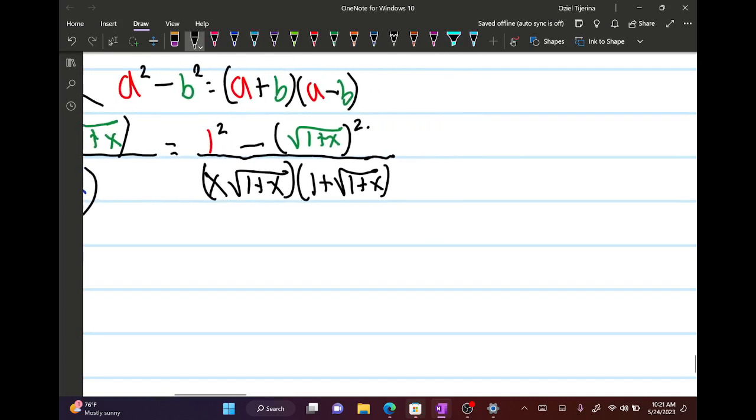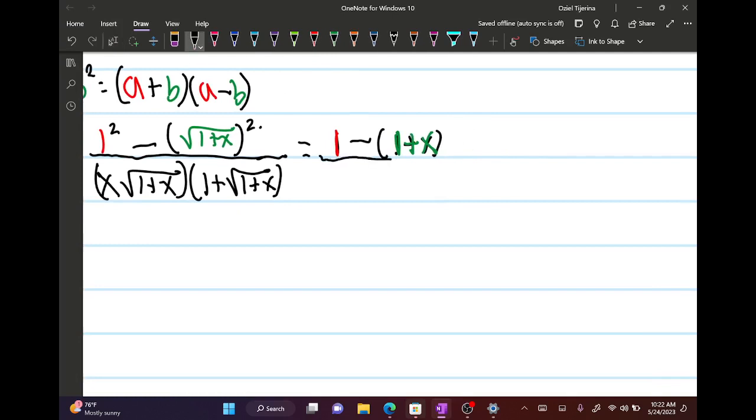Okay. Now here we're going to just have 1 minus, and it's going to be 1 plus x, right? So again, we have our 1 here, and then we have our 1 plus x here. So now, like I said, the bottom stays the same.